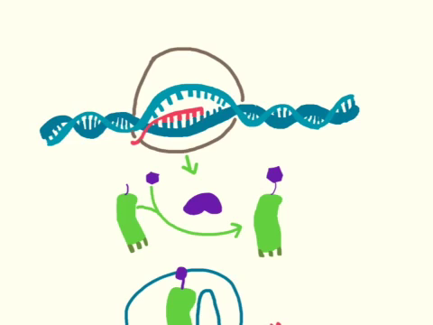Here's the DNA, the mRNA, and the RNA polymerase, and the mRNA is being transcribed from the DNA template, which is when the DNA strands separate and the RNA is synthesized.